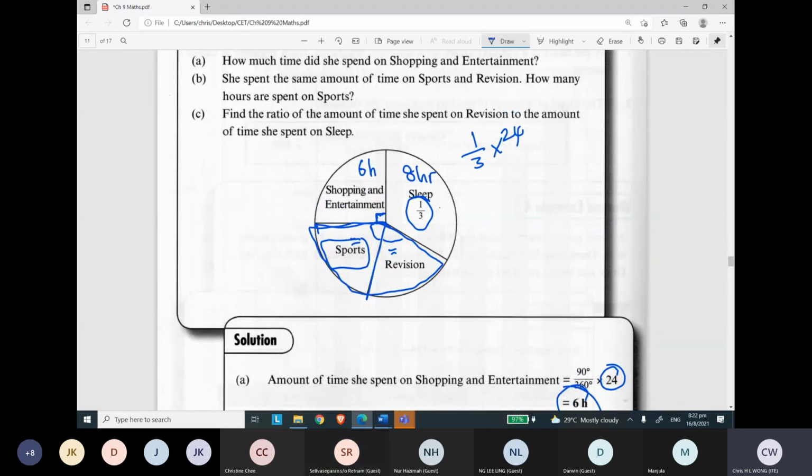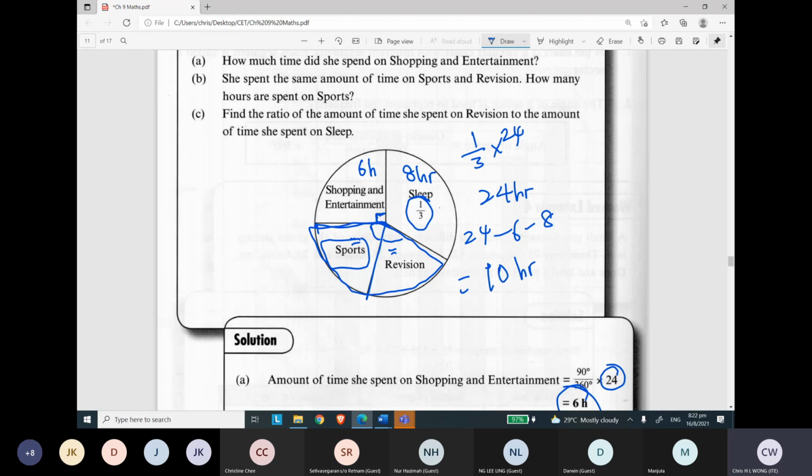Now, the whole day is 24 hours, right? So if I take 24 hours minus 6 and minus 8, it will give you 10 hours, isn't it? Altogether 10 hours, right? So you have 10 hours left for sports and revision.